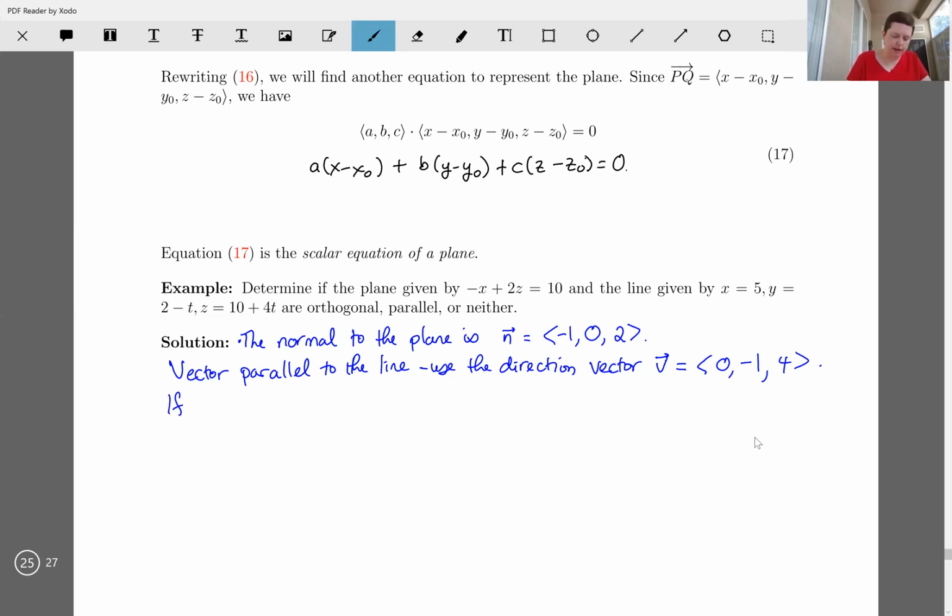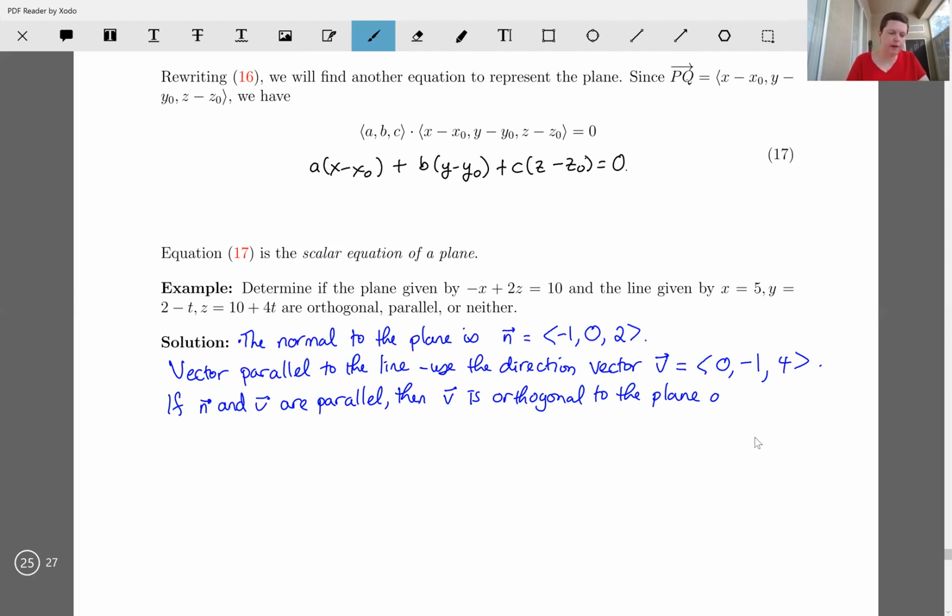Now, here's the idea. If n and v are parallel, then v is orthogonal to the plane, but it's also parallel to the line.